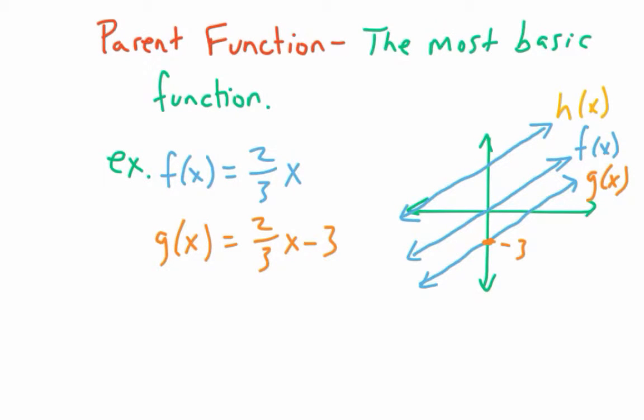Who could give me a reasonable approximation for h of x? It looks like it's up 5 or up 6, so 2/3 x, but now it has a y-intercept of plus 6. For that, the parent function is this one here. It's the parent, the most basic, the easiest equation. Feel okay for those?